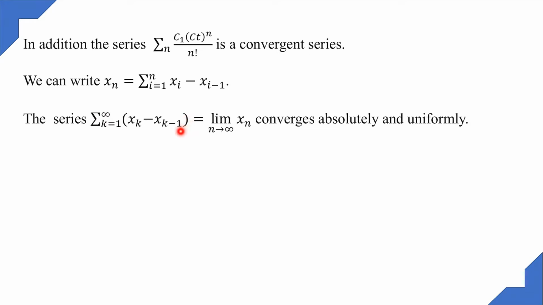Therefore, this series is convergent absolutely as well as uniformly. But summation k equal to 1 to infinity xk minus xk minus 1 is equal to limit n tends to infinity xn. So that means limit n tends to infinity xn converges uniformly. So if we call the limit of xn as x, this is the uniform limit of a sequence of continuous functions. Therefore, x will be in C0, 1.